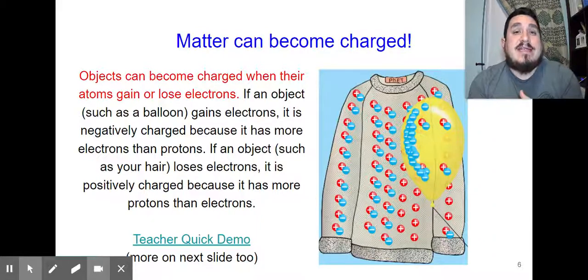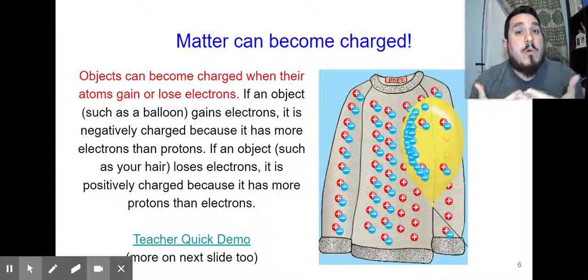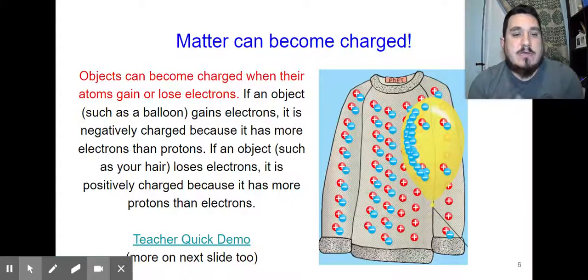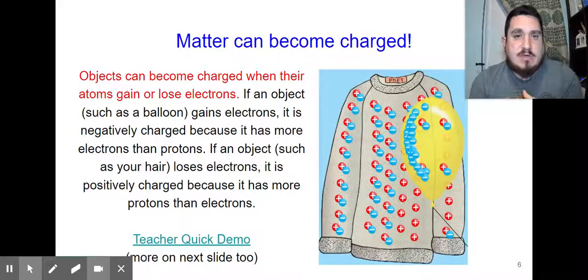So if I take electrons away from something, that object is going to become less negative, or another way of saying that would be more positive. If you add electrons to something, that item will become more negative, or less positive, depending on how you want to talk about that.